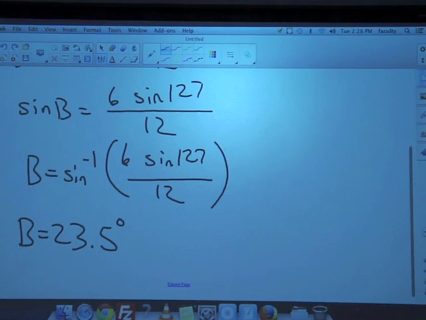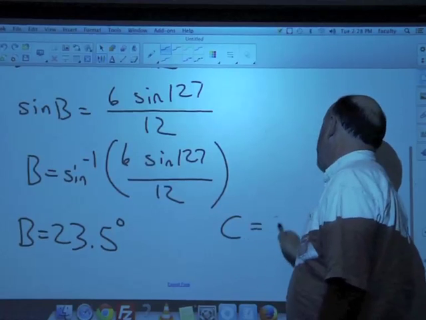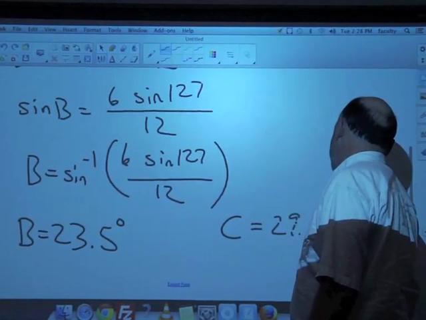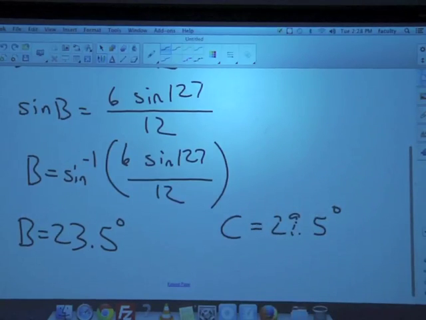So angle C will be 29.5. Again, the sum of the angles in a triangle will equal 180. So once we know two, we can find the third. It's going to be 180 minus the other two, right?